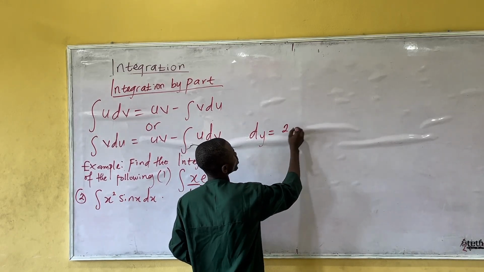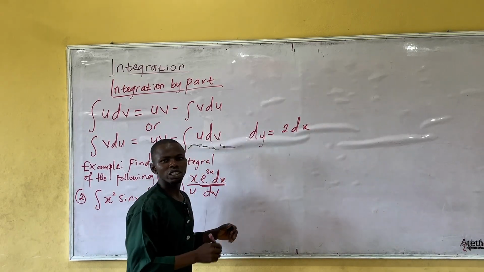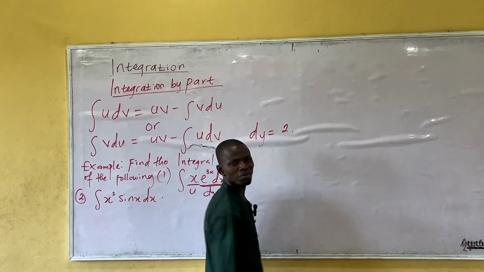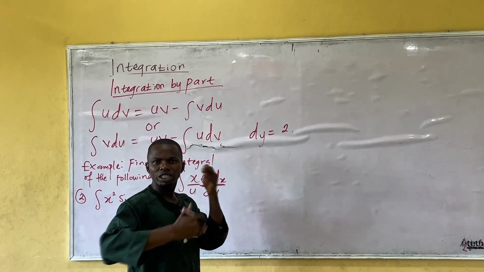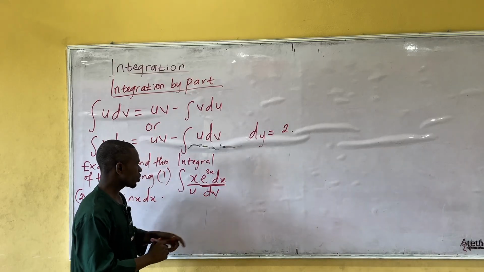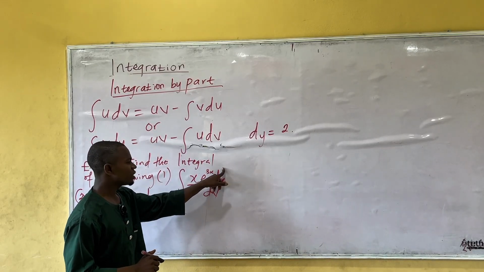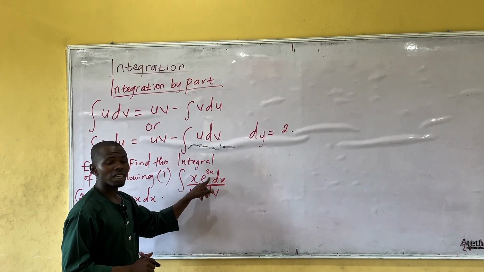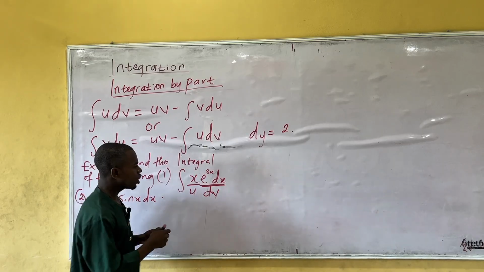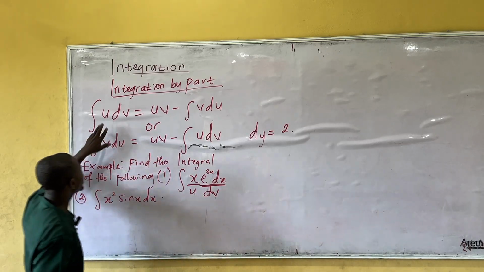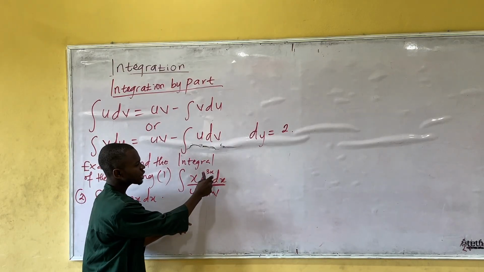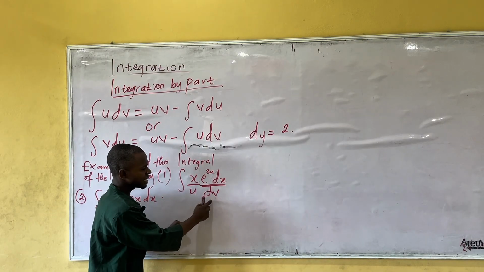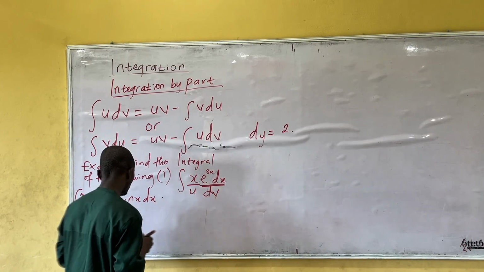Let's say y is 2dx; you cannot write y equal to 2. It is not correct mathematically, because for every change in something, there must be a change in something. So you can't say exponential of 3x dx is v. No, it can only be dv. Following the nature of the formula, this x is representing u, and this exponential of 3x dx is representing dv.